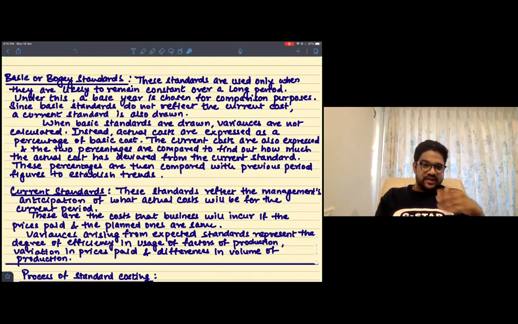For the basic standard, we express the current cost as a percentage of basic cost, so that we can know how much is the deviation from the basic. And then since the basic is not a clear reflection of the current cost, we make a current standard as well, and we draw the variances in this. This represents the degree of efficiency. Basically, the variance that we calculate is the degree of efficiency that we'll have.